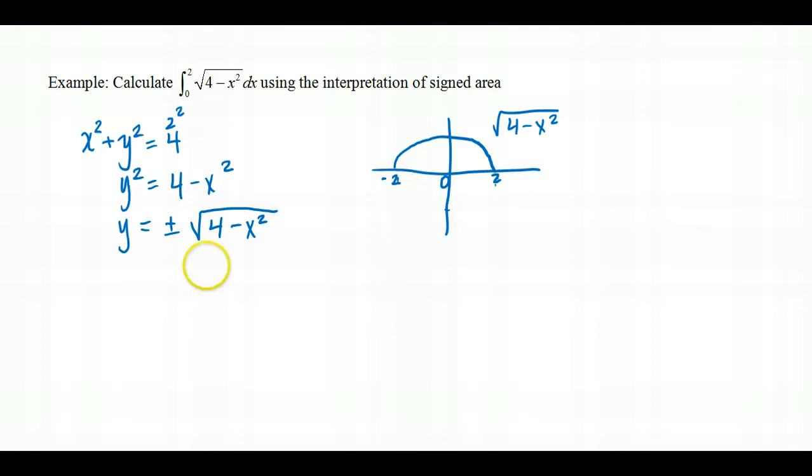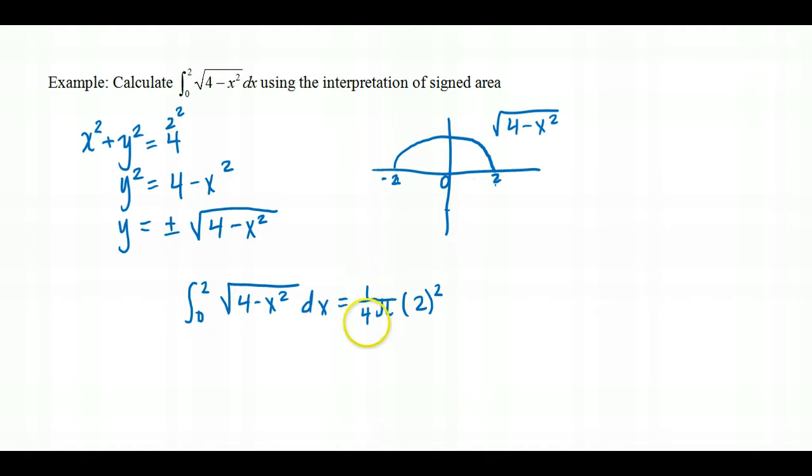So here, if I attempt to evaluate this integral, the integral from 0 to 2 of the square root of 4 minus x squared dx, well, the area of a circle is pi r squared. So pi, the radius of this circle being 2. So pi times 2 squared, but I'm only interested in 1/4 of the circle.